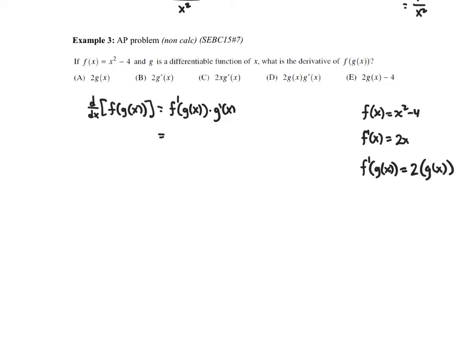So I'm going to replace f prime of g of x over here. Let's highlight this in a separate color with 2 times g of x, and then times g prime of x. I think that should be enough, and it is. It looks like our answer for this particular question is D. All right, let's continue.